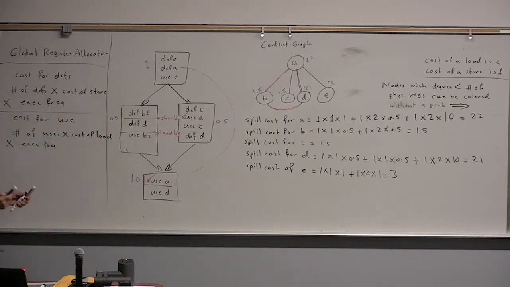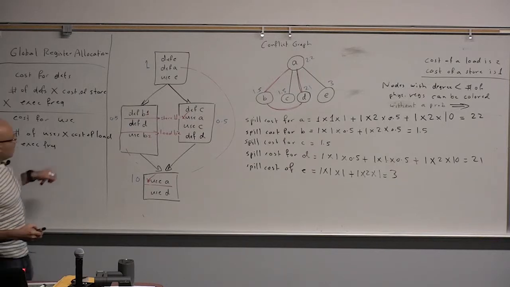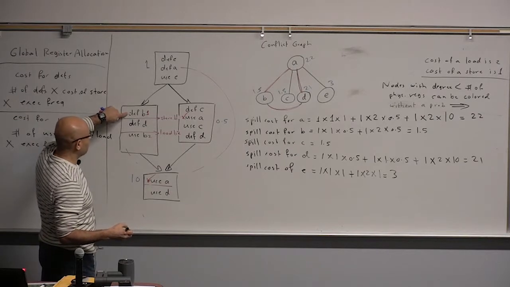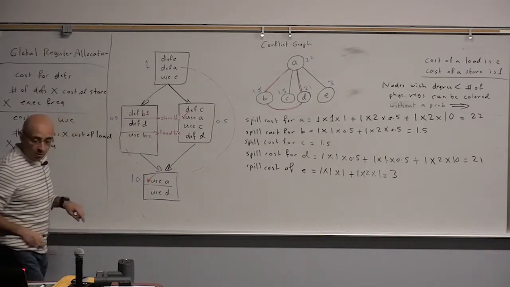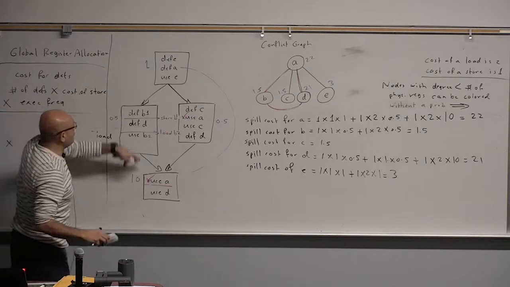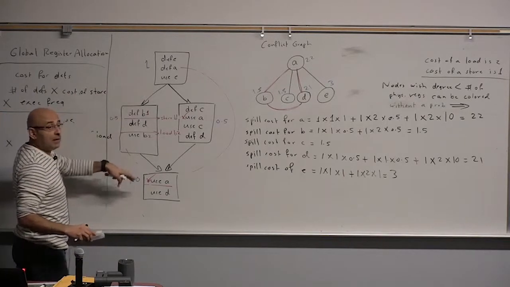Now, I redraw the graph. Redrawing the graph now, will B1 conflict with A? Yes. So A is live through the entire basic block.